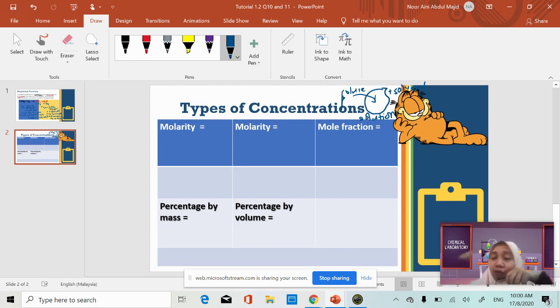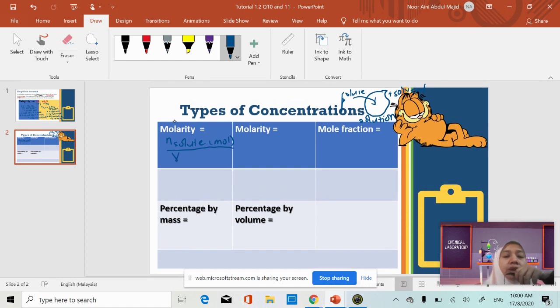Now, solute is for example NaCl. When it is dissolved in water, water is the solvent. Now, what's the formula for molarity? Molarity is the number of mole of solute, the unit is mole, over the volume of solution, and it must be in liter or decimeter cube.